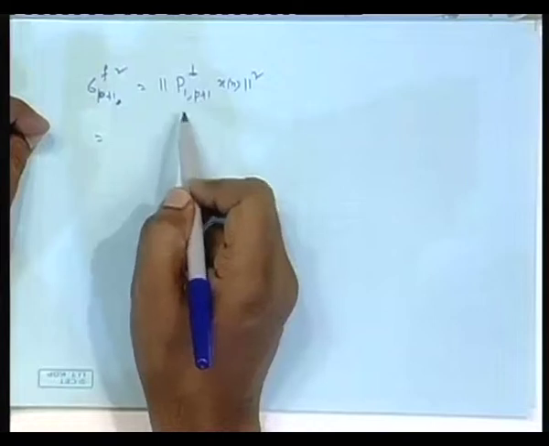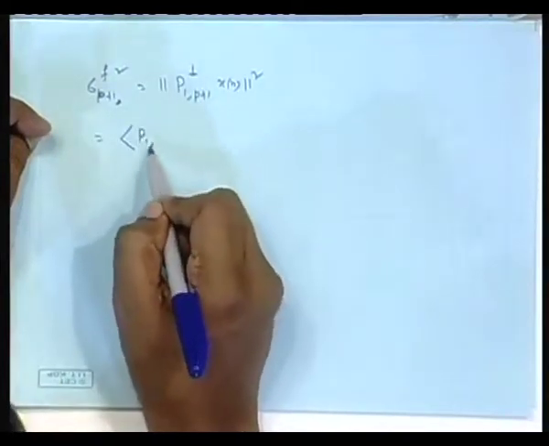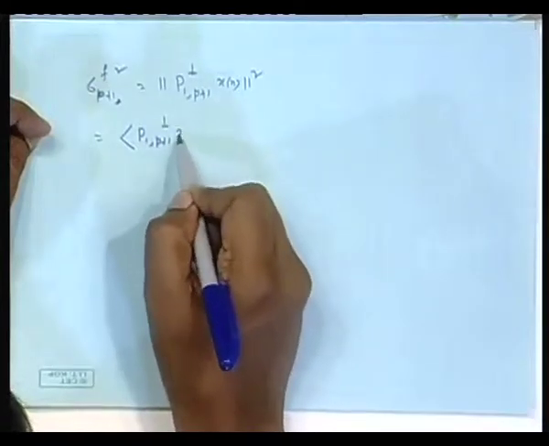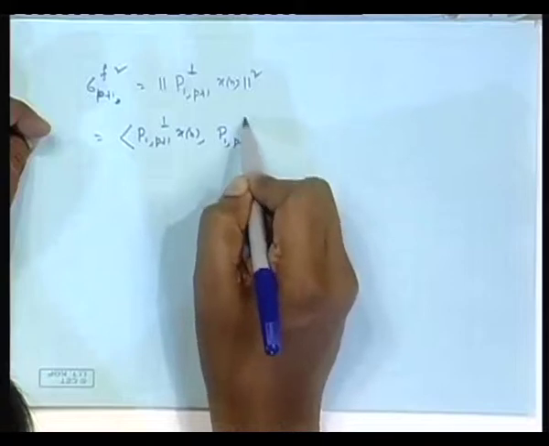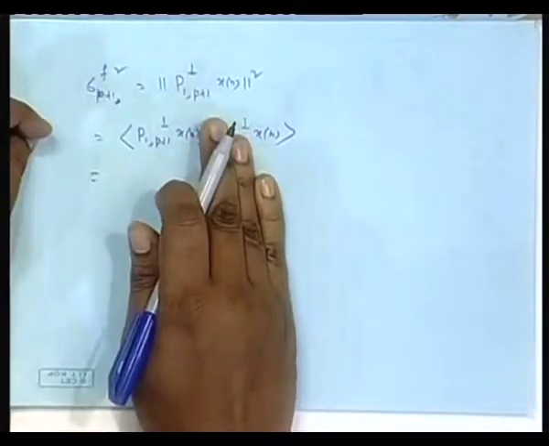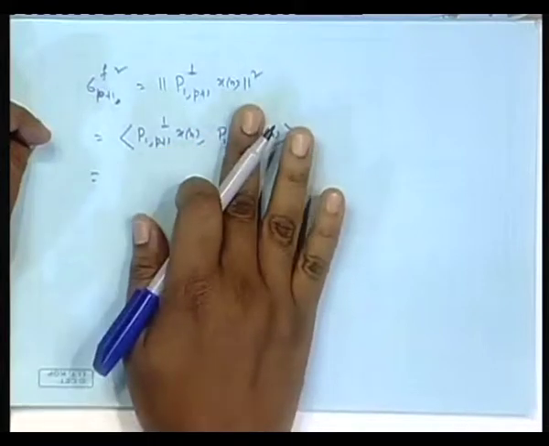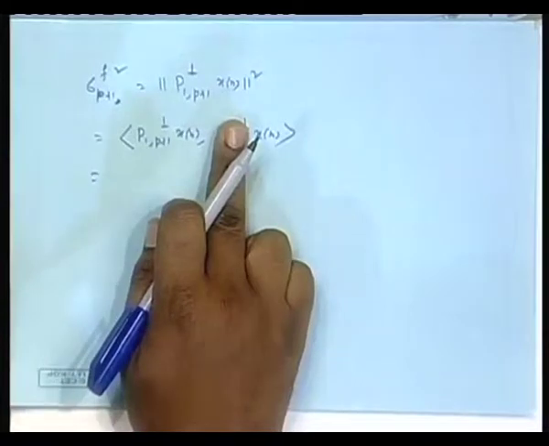Norm square means inner product with itself. I am sure you will permit me to drop this from one of the two. I drop this here, I keep it x n, it is okay. I have done it many times.